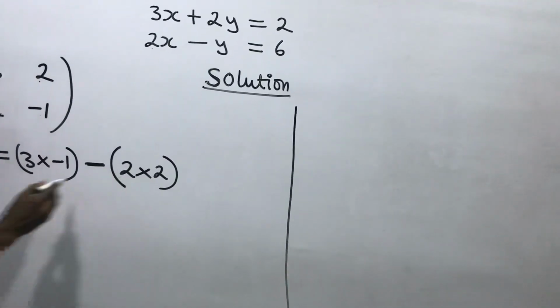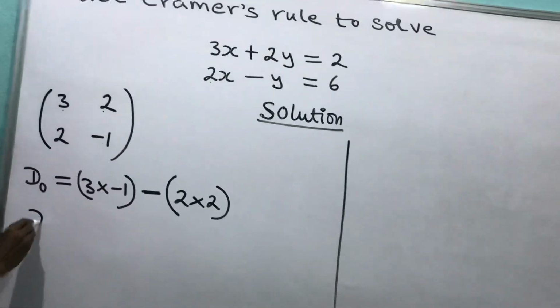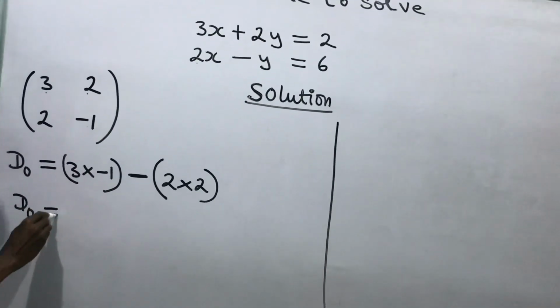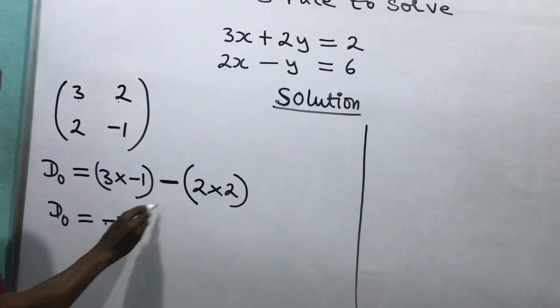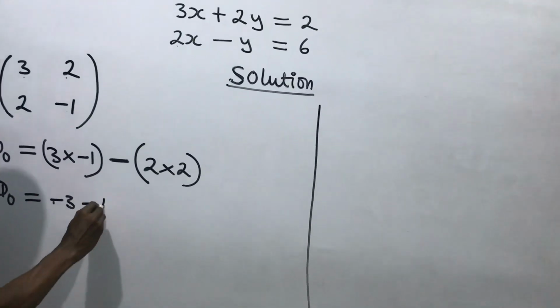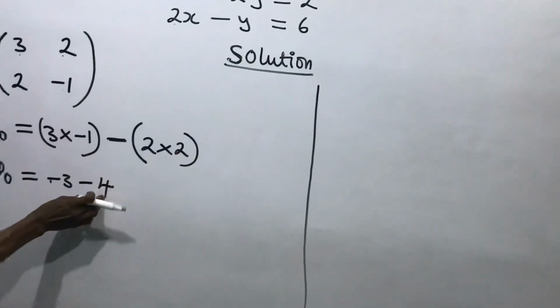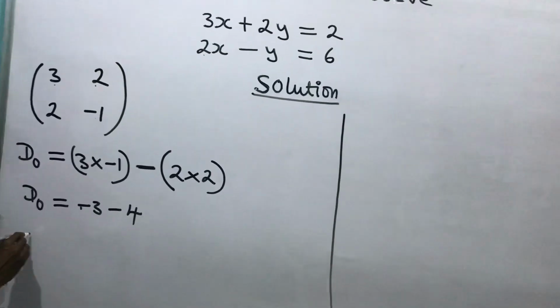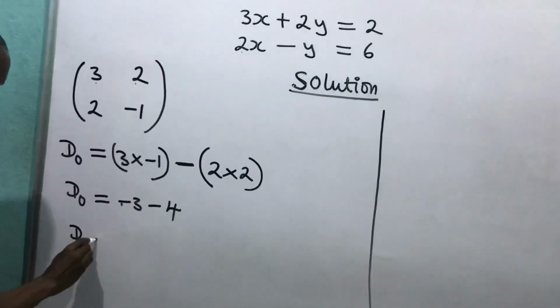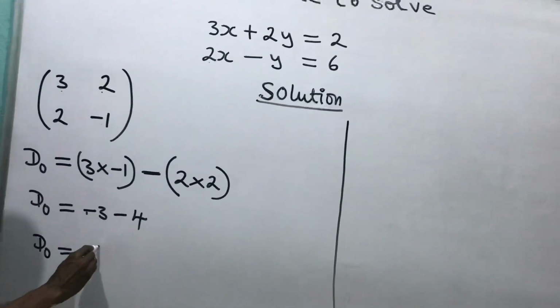I close the bracket, and that will give me D0 is equal to 3 times minus 1, which gives minus 3, minus 4. This gives me minus 3 minus 4. Then my D0 is equal to minus 7.